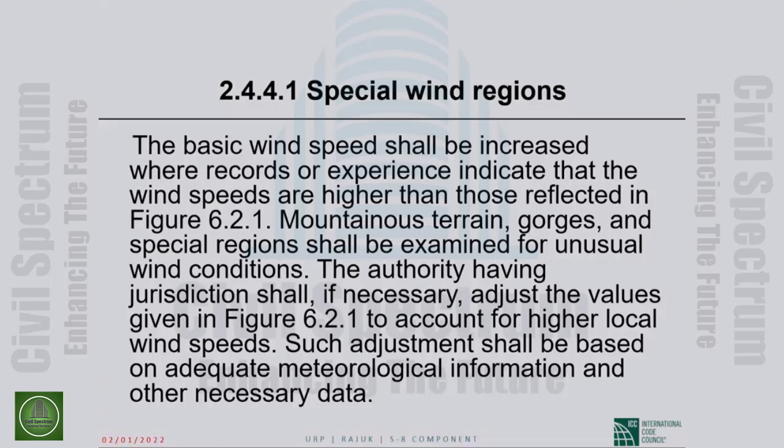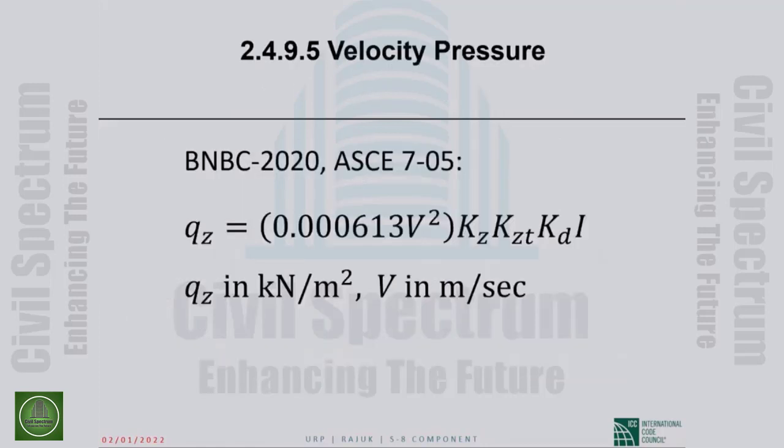If that doesn't happen, ASCE gives you advice or guidance that you should consult with somebody locally knowledgeable. It probably is not an expert from the US, but somebody that is knowledgeable about the wind in the Chittagong Hill Tracts area. Okay, so somebody you consult is somebody locally knowledgeable. That's what ASCE 7 advises.